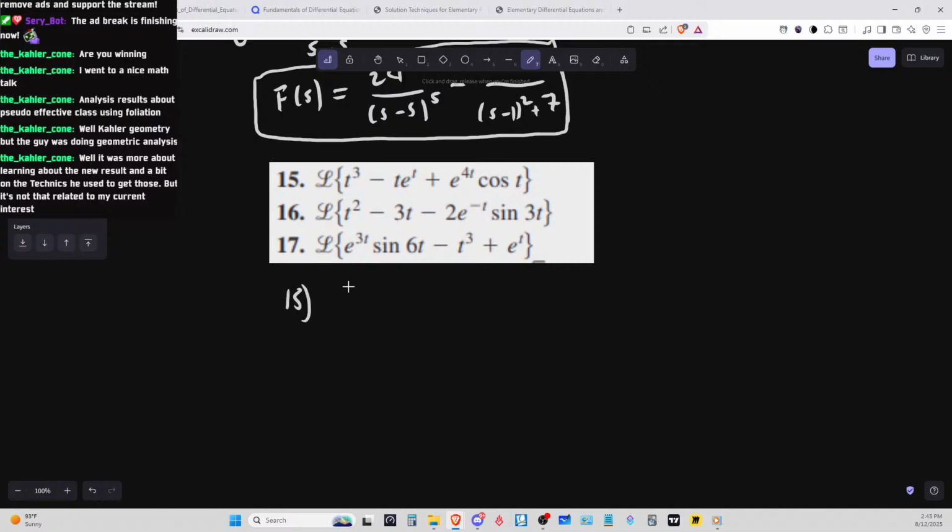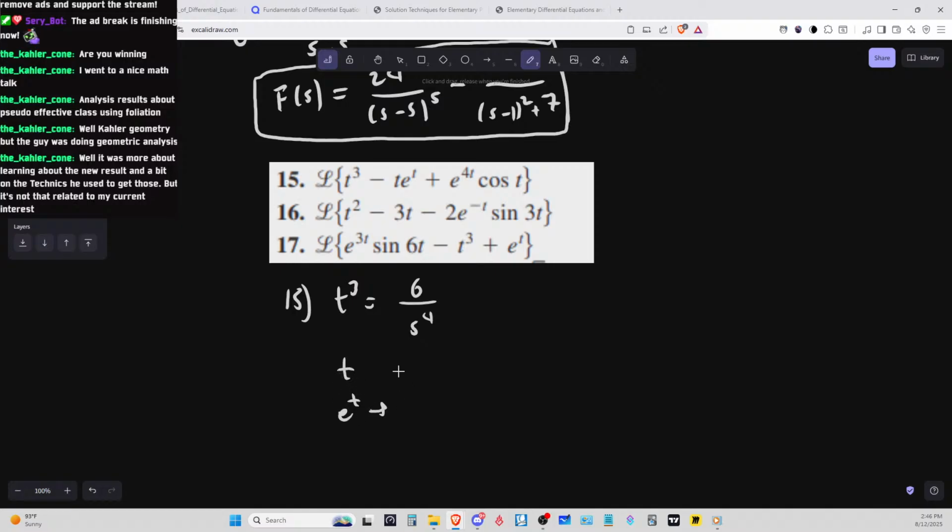Let's do 15, so we have 3 t to the... So it's going to be s to the 4th. And then this is going to be the 6. So that one we don't have to worry about. So we have t, and the next term we're going to have t and e.